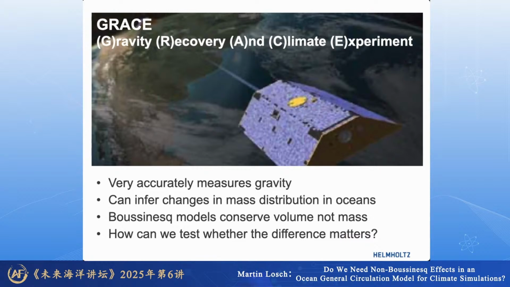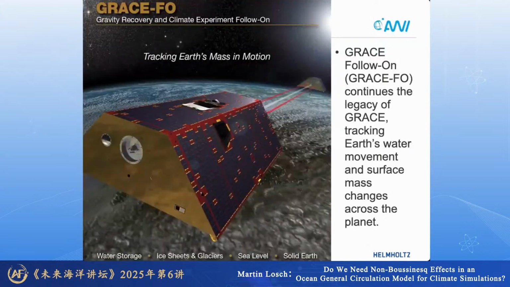It was so successful that there was a GRACE follow-on mission that is still flying today. Here the image is of much higher resolution, but I think the satellite system is very similar, and this GRACE follow-on mission continues to measure the Earth and water movement and the surface mass changes, so this is a very, very important ongoing topic.